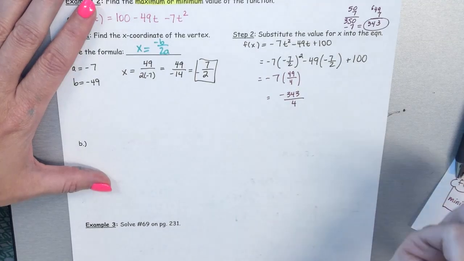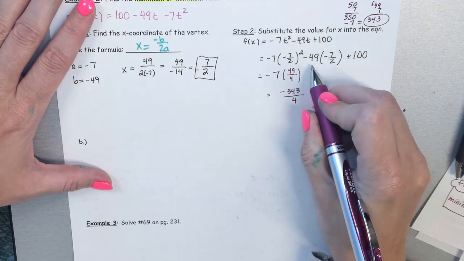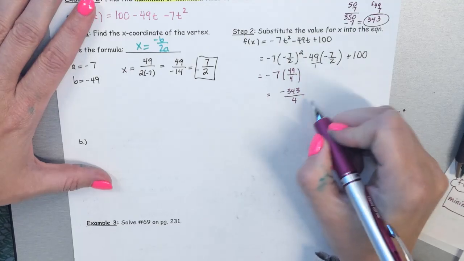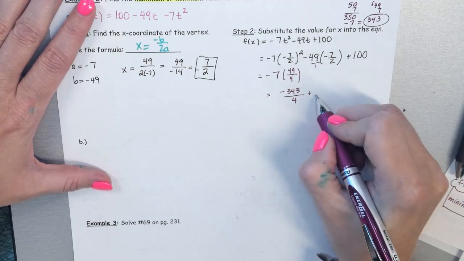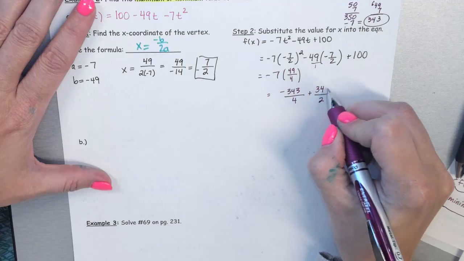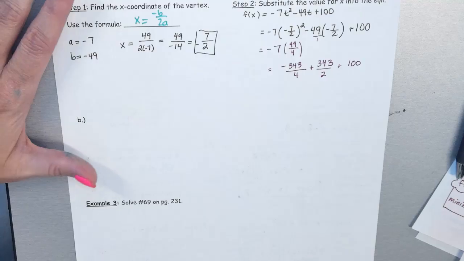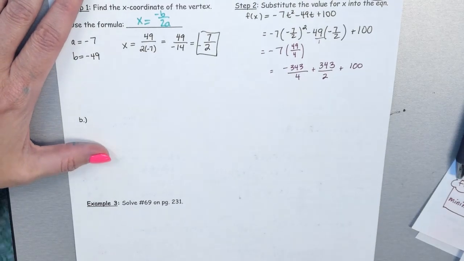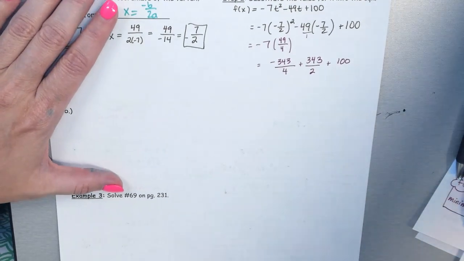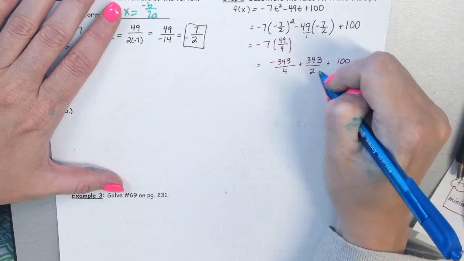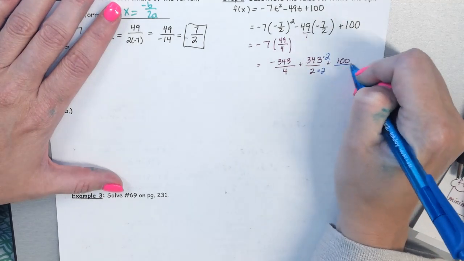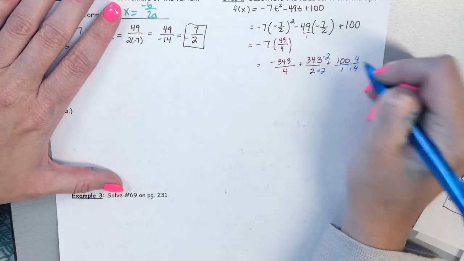So negative 343 over 4, and then look, you're doing the same thing again, 49 times 7. So plus 343 over 2 plus 100. So if we're going to add these, we need a common denominator. What did we decide that was? 4. So times 2 times 2 times 4 times 4.